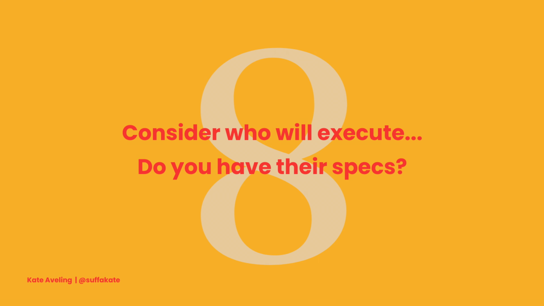Number 8, who is going to be executing from your final artwork or your final document, and do you have their specs? If you don't know what specs are, then you don't have them.